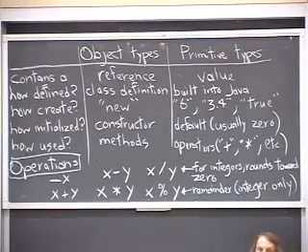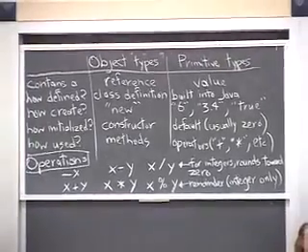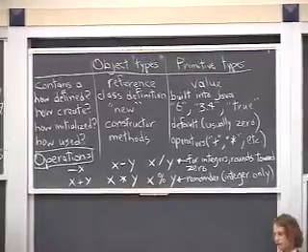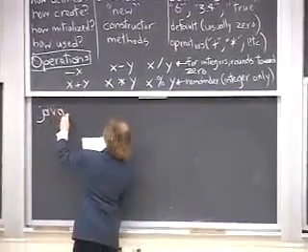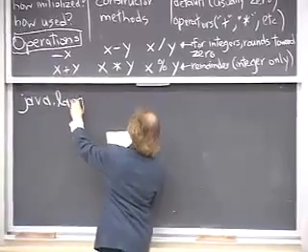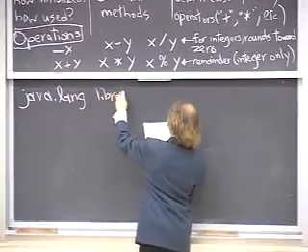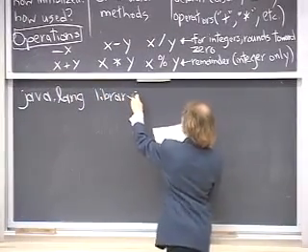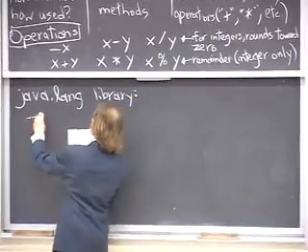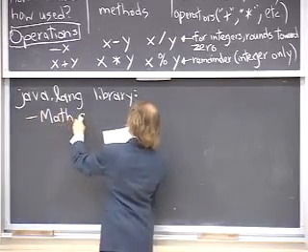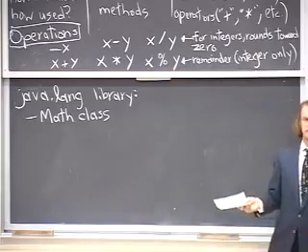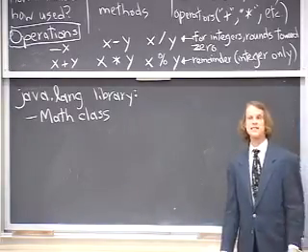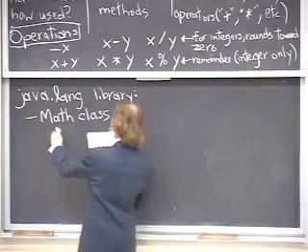So these are not the only operations that Java has, but the more complicated ones tend to be held in special libraries. So for instance, the java.lang built-in library has a math class. And as the name suggests, it's the first place you look for interesting mathematical functions.